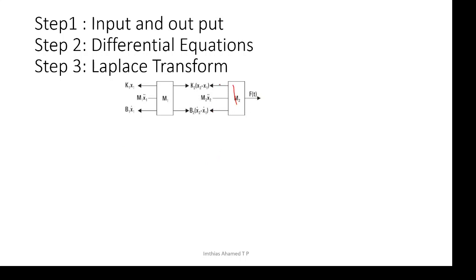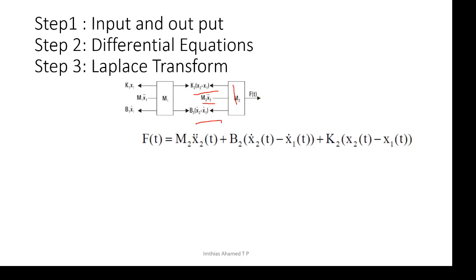For this mass m2, I have this force k2 into (x2 minus x1), m2 x2 double dot and b2 (x2 dot minus x1 dot). Let us see the equation. F(t) is m2 x2 double dot plus b2 into (x2 dot minus x1 dot) plus k2 into (x2 minus x1). So we got one equation.